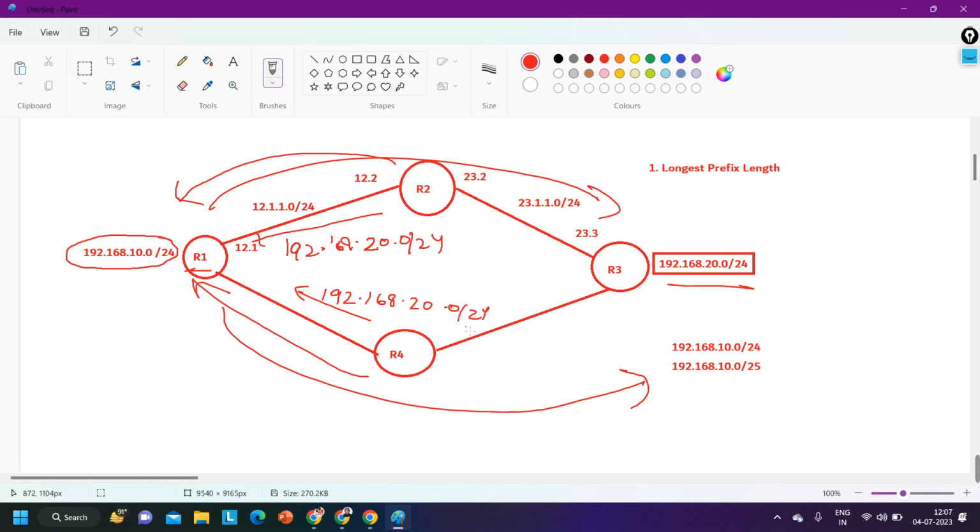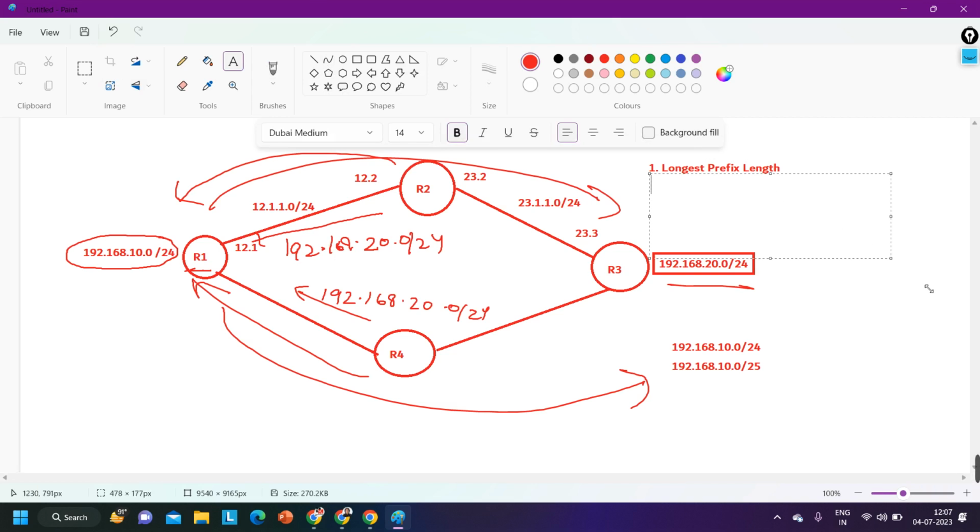Yes or no? Means in my scenario, the prefix length is the same from both sides. So on the basis of longest prefix length, router 1 cannot decide which one is best. Then the router is going to check the AD value. The second thing is AD value. AD stands for administrative distance.